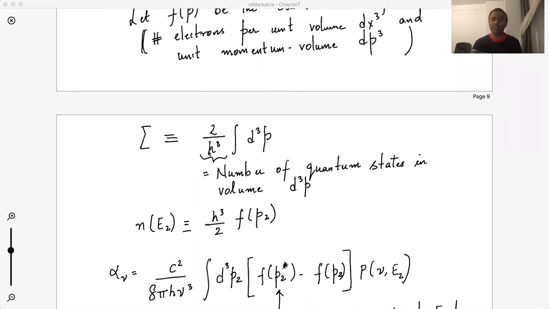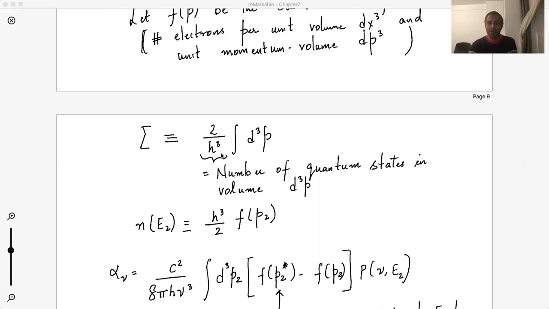So if h is very, very small, which means I make my grid very fine, the size of the grid being the quantum of energy, then for a given d cubed p volume I'll have a lot more quantum states which can be occupied. If h is very large, it means the quantum of energy is very large and the grid is very coarse, so you only have a finite number of quantum states. That's why you have h cubed in the denominator here: as h decreases, the number of quantum states will increase for a given volume d cubed p.